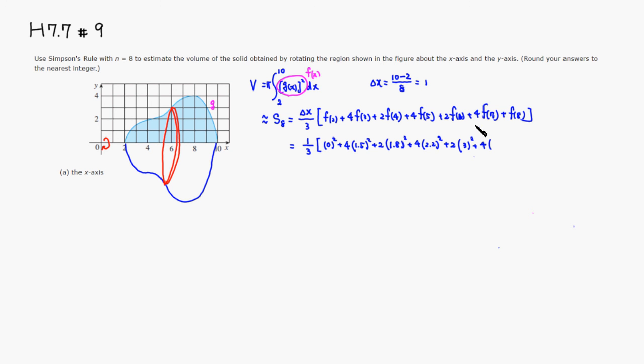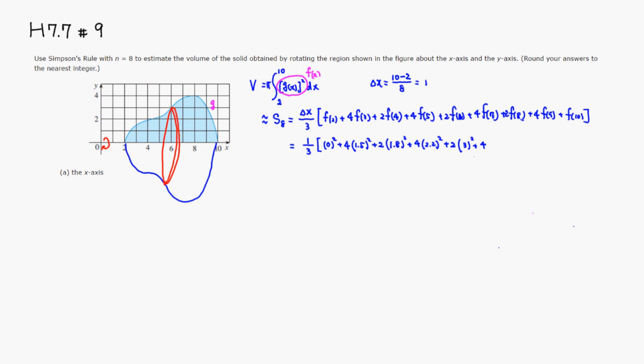Sorry, I messed it up. I ended a little bit early, so this is actually 2. And plus 4 f of 9 plus f of 10.